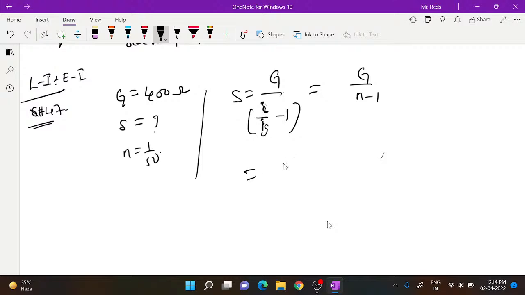With G as 400 by 1 by 50 minus 1. The negative sign represents a decrease in value. It reduces by 1 by 50, not reduced to.